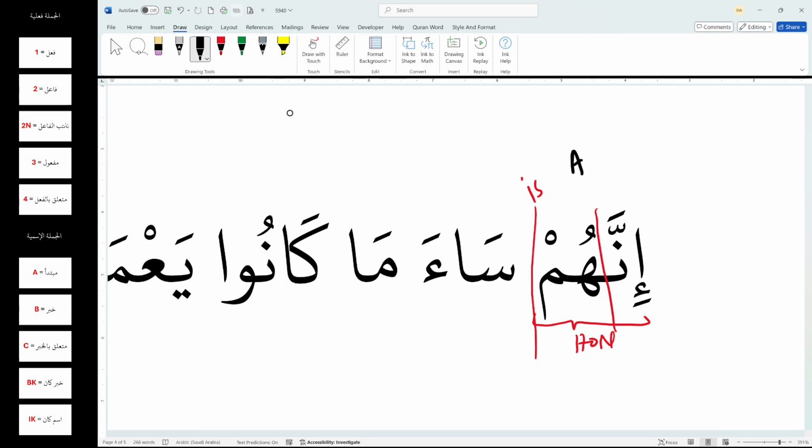Now, having said all of that, we move ahead and we find a word sa'a. This word sa'a is a past tense fi'l, so I'm going to label it as one because I know it's a past tense fi'l, so it's the beginning of a jumla fi'liya. And I'm going to check what pronoun is inside this fi'l.